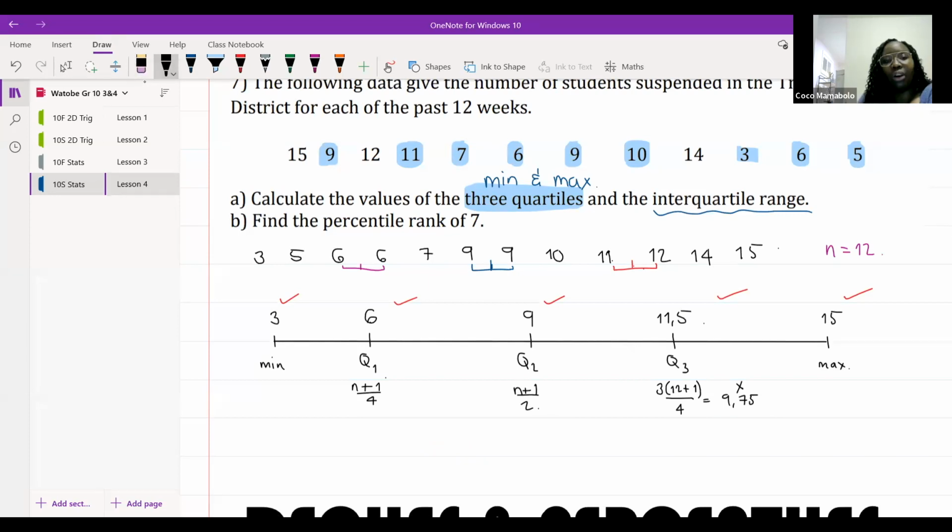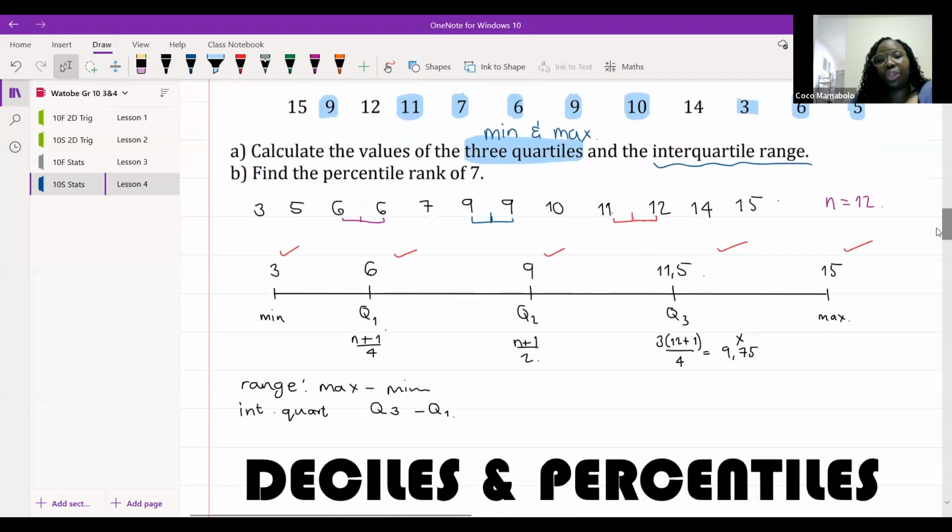Now, we know that to calculate the range, we're going to take maximum minus minimum. That's nice and easy. To find the interquartile range, we're going to take Q3 minus Q1. Because Q3 and Q1 cut off this part and this part of the data, we're only going to be left with almost half the data.